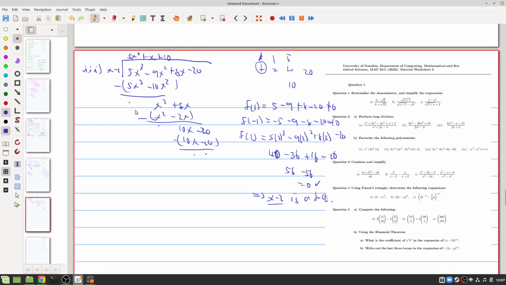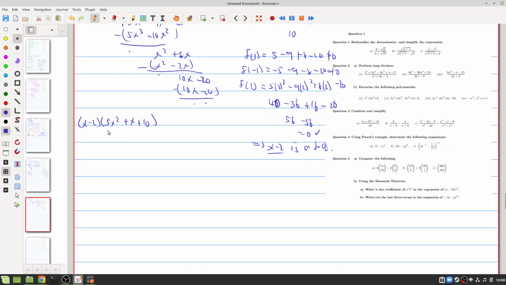Okay, so far we have x minus 2 times 5x squared plus x plus 10. Now we need to see, can this factorize any further?